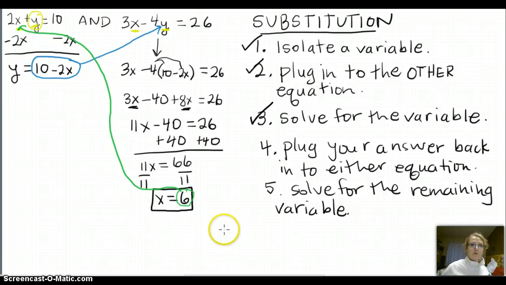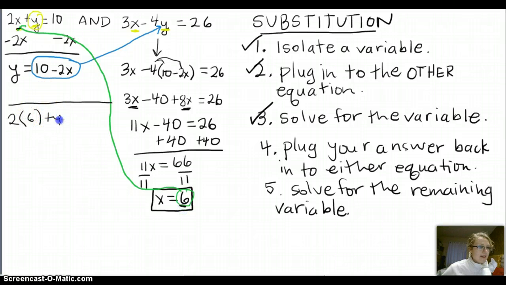In for x, of course. We know that 6 now is the same as x. So, when I rewrite this, I have 2 times 6 plus y is equal to 10. 2 times 6 is 12 plus y equals 10.